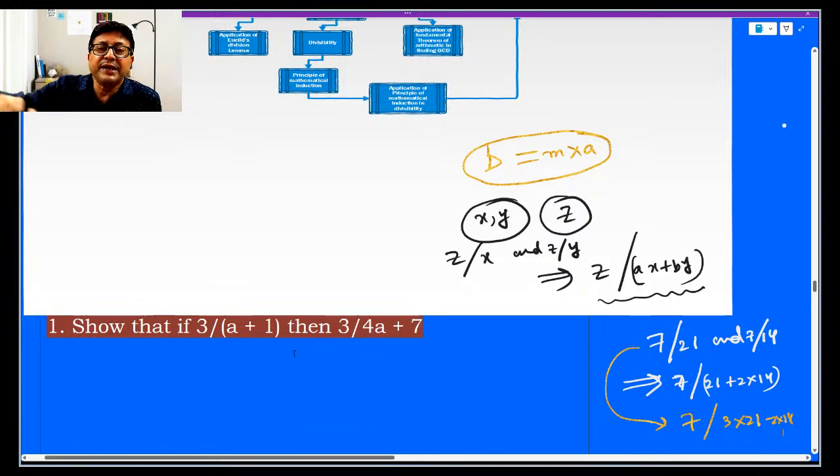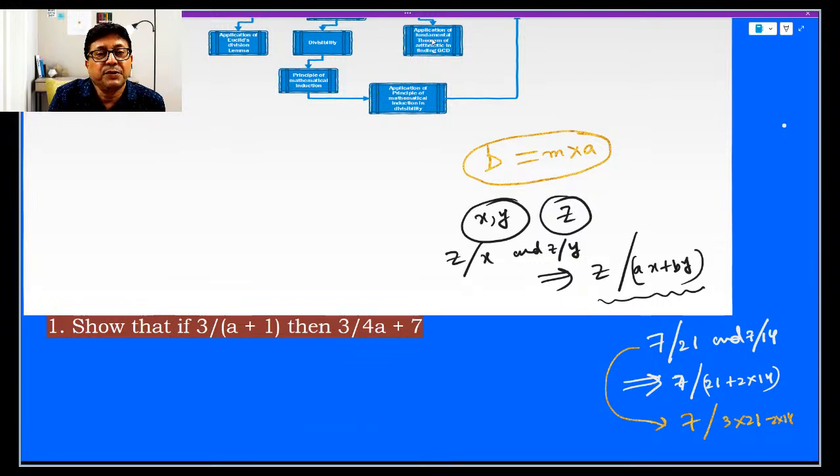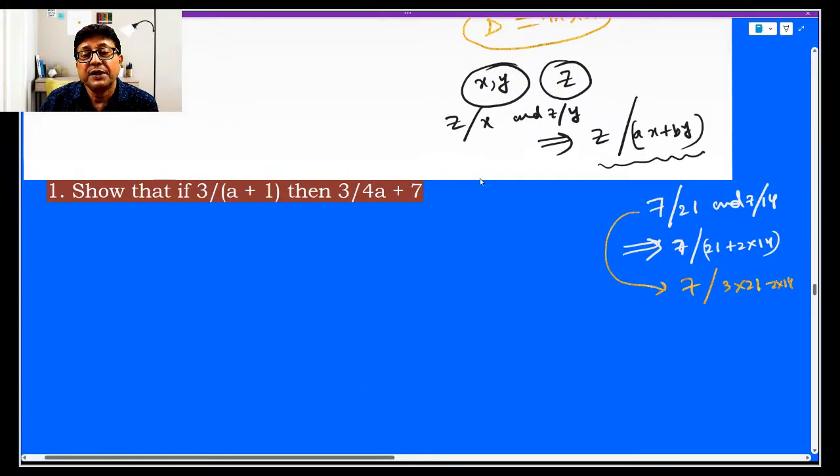Remember, a is an integer. So if 3 divides a plus 1, you are going to prove that it will divide 4a plus 7. How to prove this?